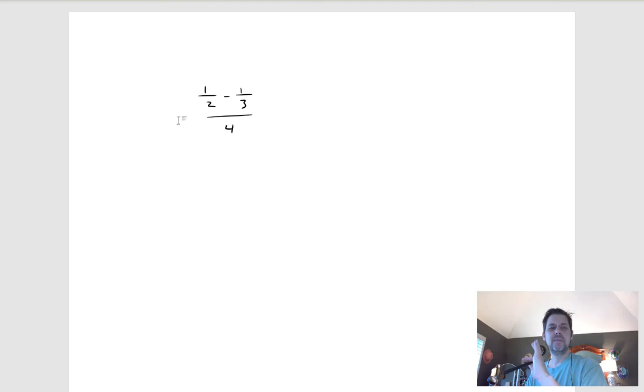Maybe we should run through how we would calculate this number without a calculator. How would you figure out what this was? 1/2 minus 1/3, all divided by 4. Well, my first step would be to subtract those two fractions. What is 1/2 minus 1/3? I would have to get a lowest common denominator, which is 2 times 3, or in other words, 6.